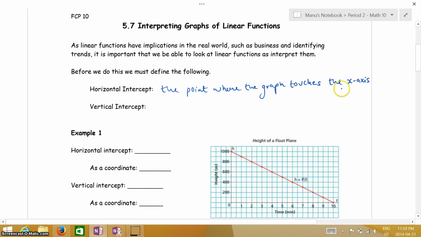Horizontal means horizontal line touches the x-axis, and the vertical intercept is the point where the graph touches the y-axis.